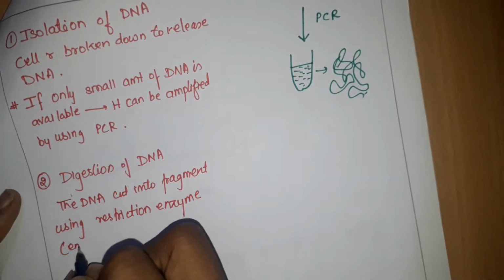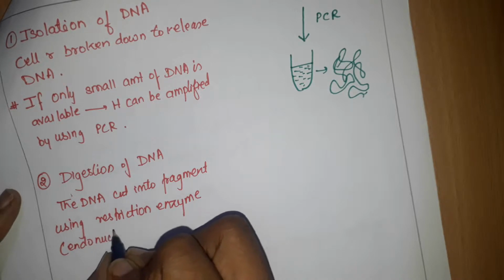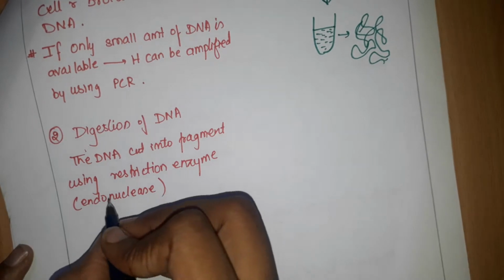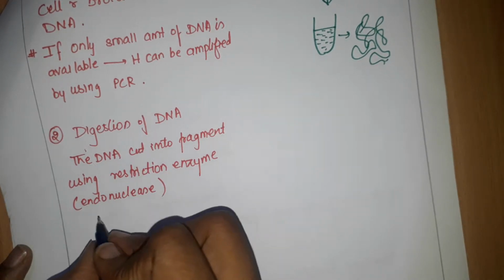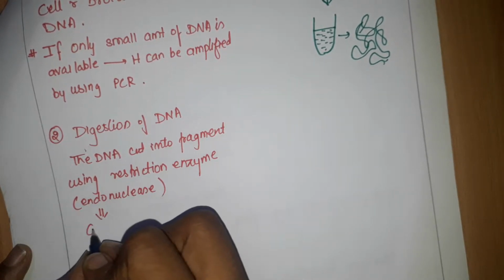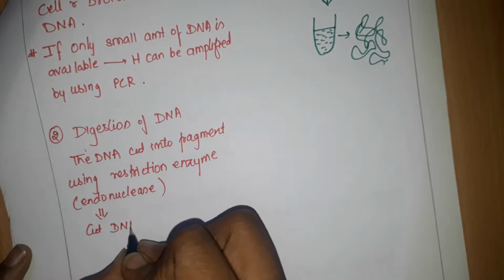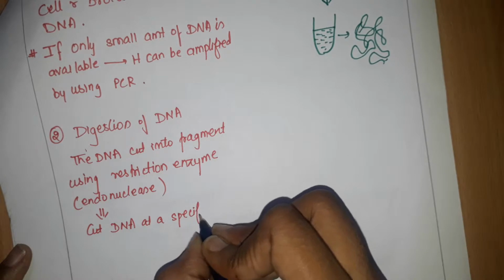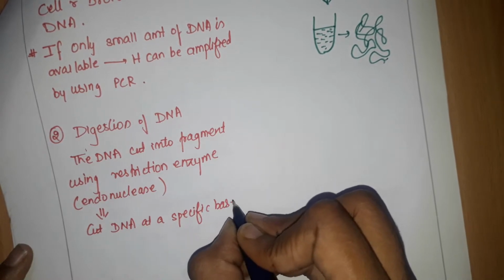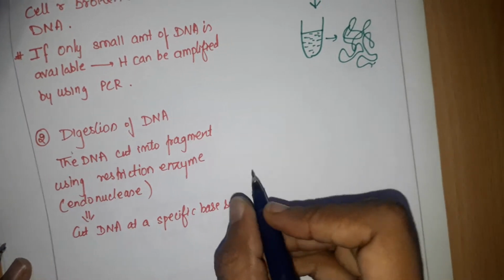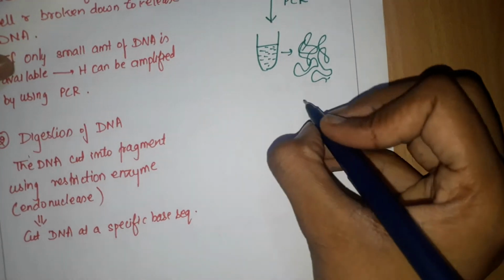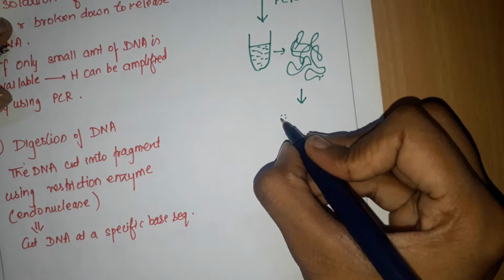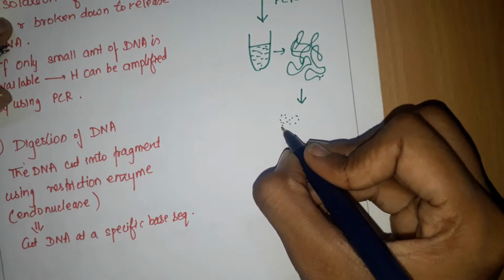Here we are using endonuclease restriction enzyme. This endonuclease restriction enzyme cuts the DNA at a specific base sequence. This is our DNA. With the help of restriction enzyme, it will be cut into fragments.